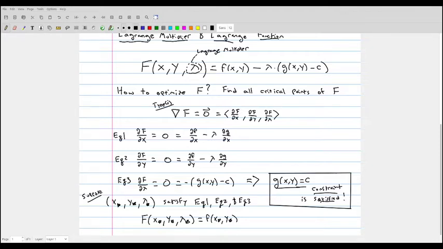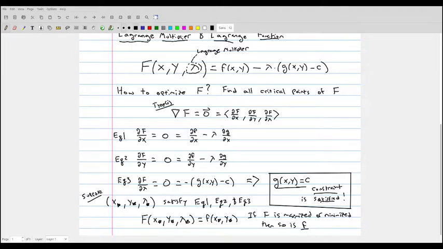But if it's a local max or a local min, then f is maximized or minimized, then so is the function lowercase f.